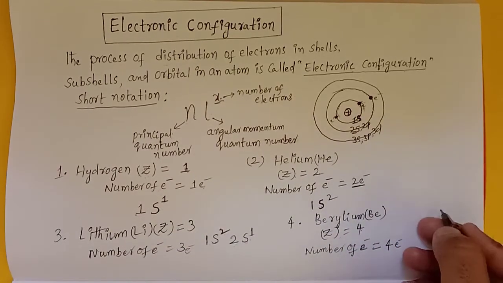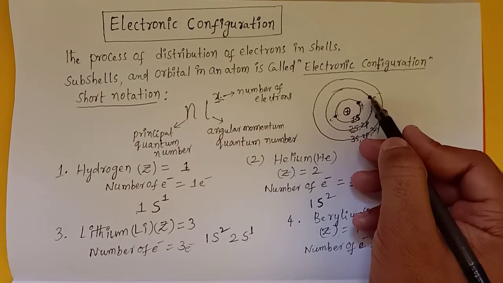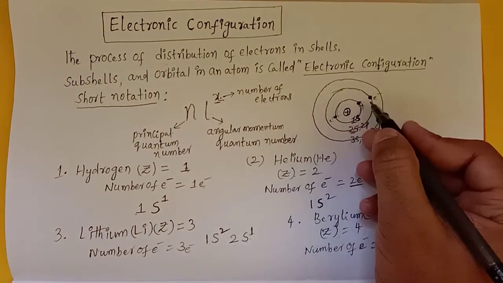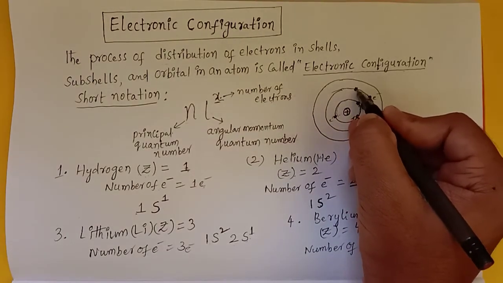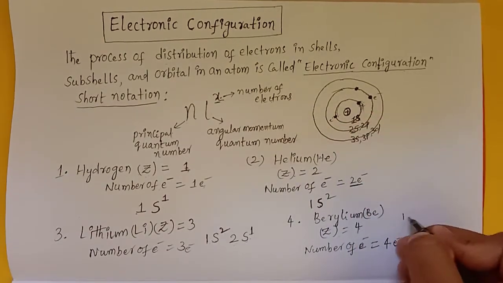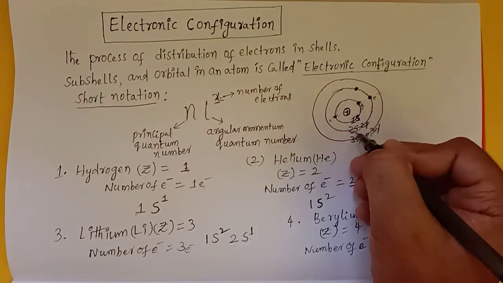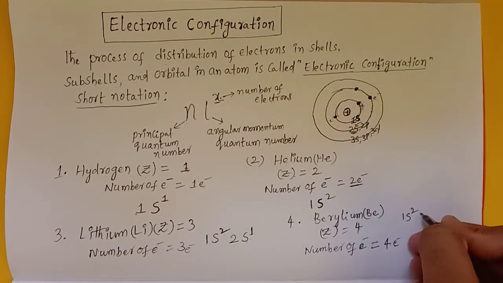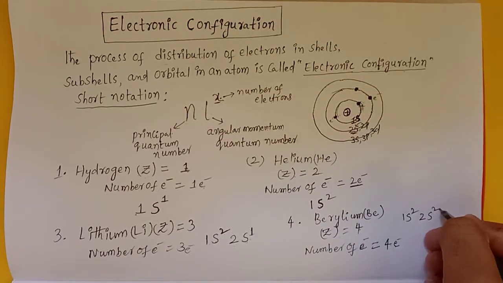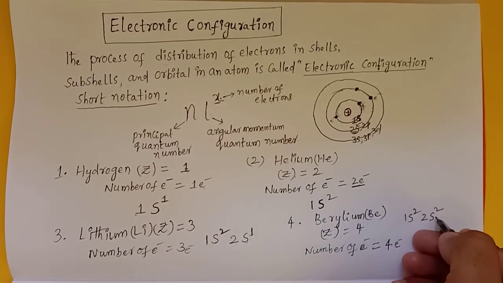So how can you represent here? Already we have filled 3 electrons, so one more we have to add in the second orbit. First shell means 1s completely filled, 2 electrons. Next orbit means 2s తీసుకోవాలి. దీంట్లో ఎన్ని electrons fill చేసినాం? 2 electrons fill చేసినాం. So this is the electronic configuration of beryllium.